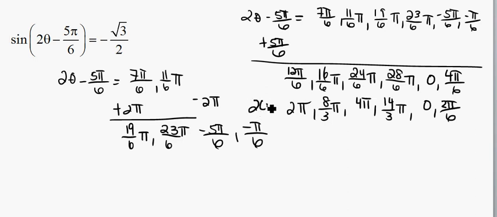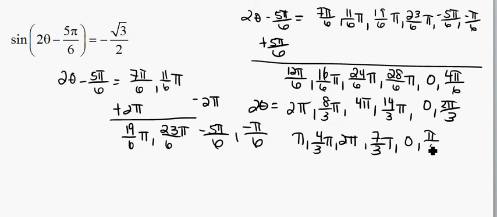So now I'm left with 2 theta equals these 6 answers, so I divide them all by 2, so I get pi, 4 pi thirds, 2 pi, 7 thirds pi, 0, and this should have been 2 thirds. So I divide 2 thirds by 2, and I get pi over 3.